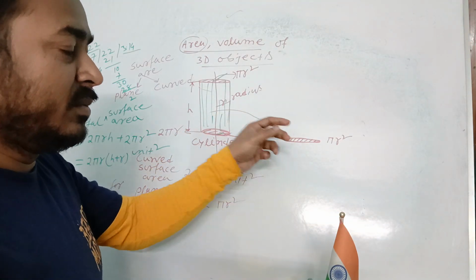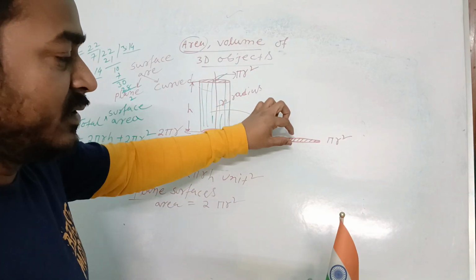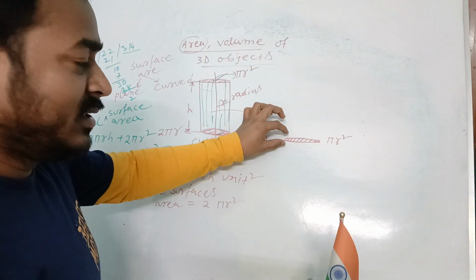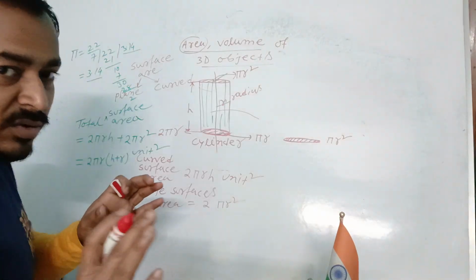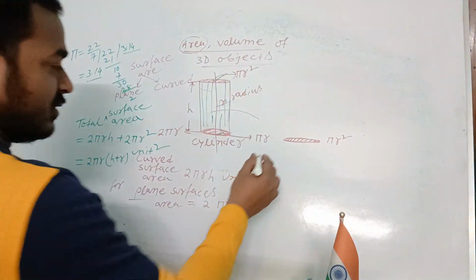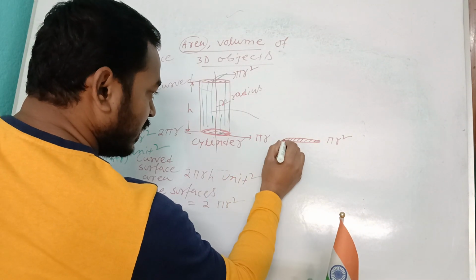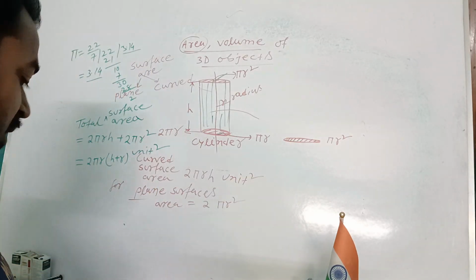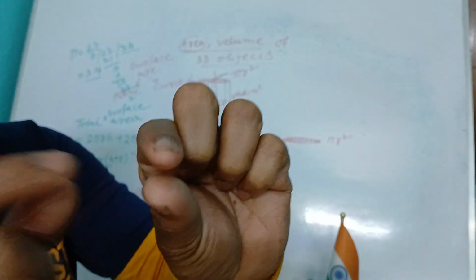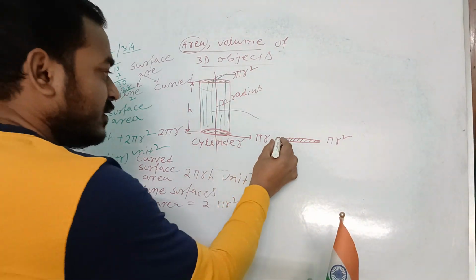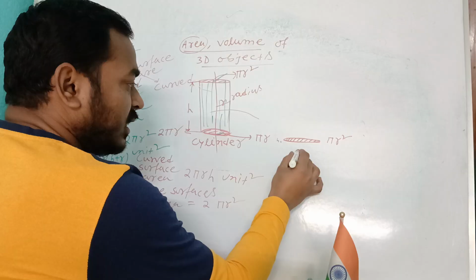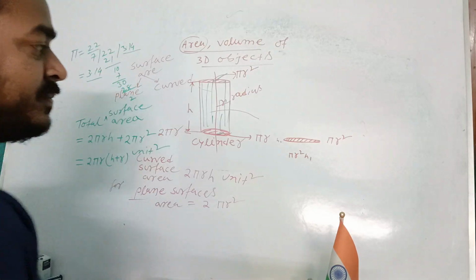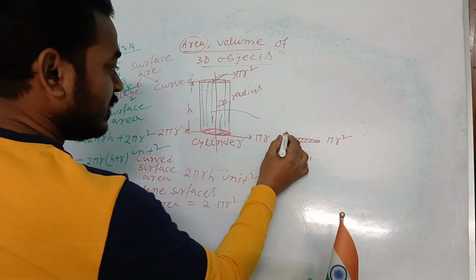Volume is surface area into height. Here small height, so you can write h1. No need to ignore it. For example, the height of the biscuit is very thin. Consider the small height h1. So volume is pi r square h1. Now we are increasing the height.